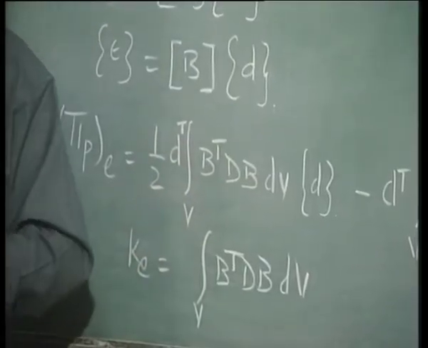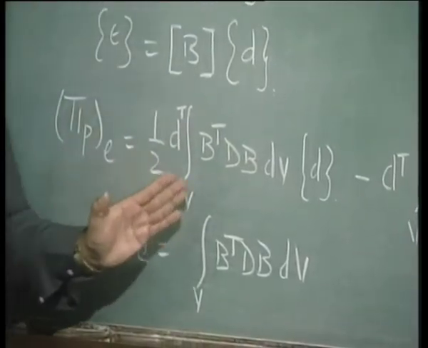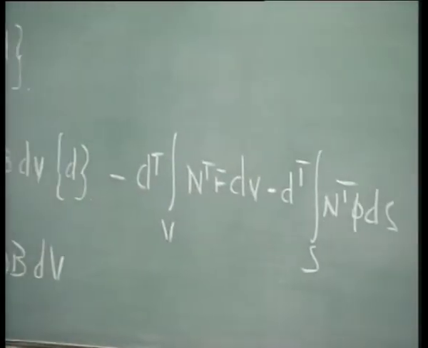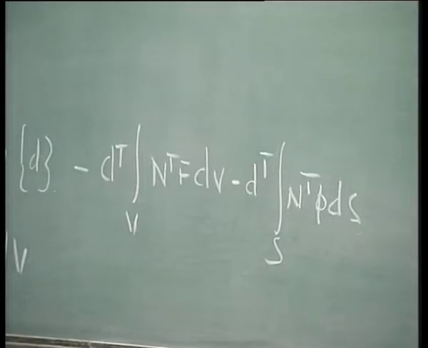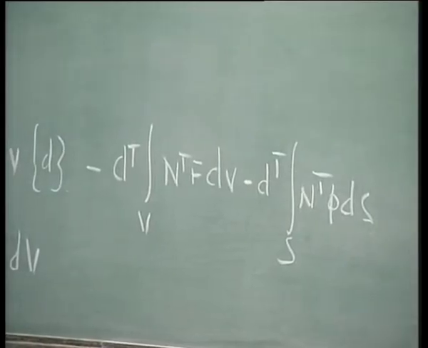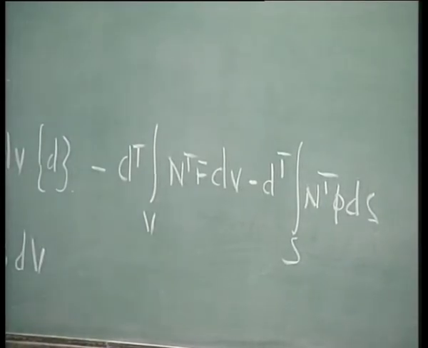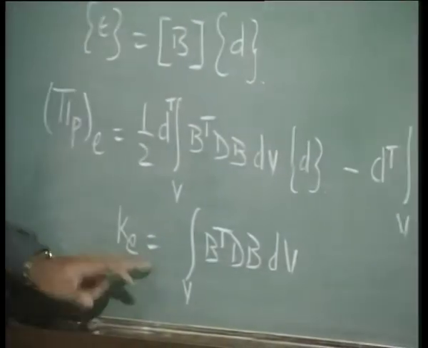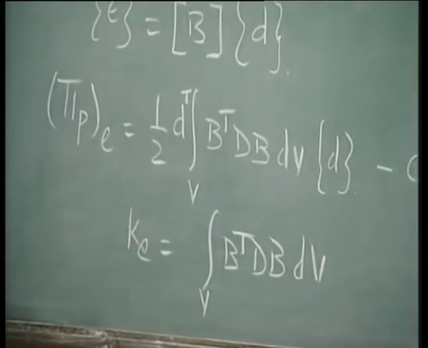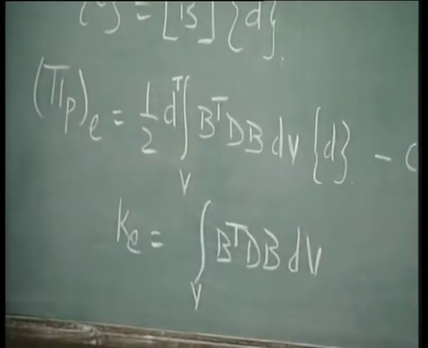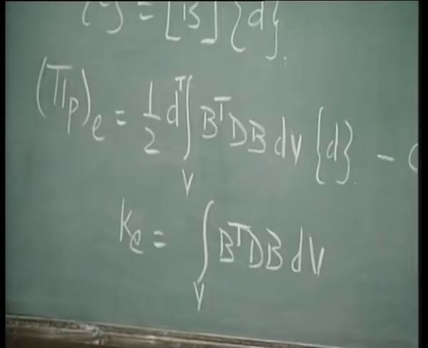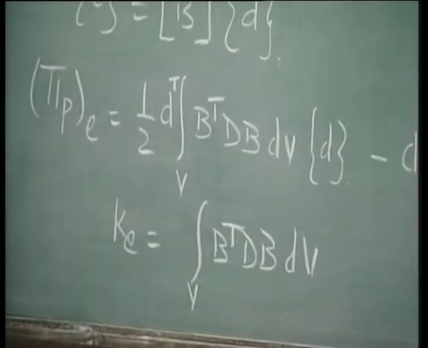Now I have written it down with small d, which indicates the local displacement or degrees of freedom. And now I have defined what is called Ke, which is B transpose dB dV. Is that clear? Now the next step is where the confusion is.